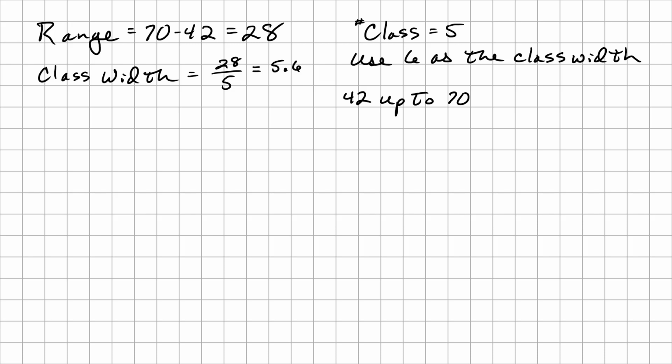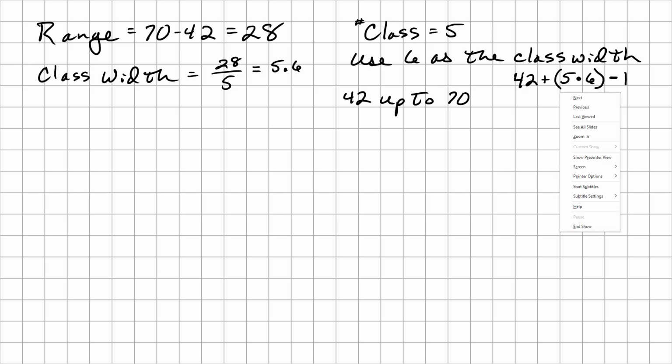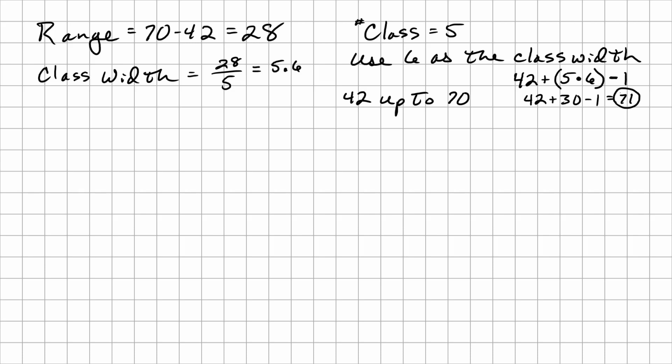To ensure that I've got the correct class width, I'm going to take 42 and add to that the number of classes that I'm using times the class width, and subtract 1. That's actually going to give me the upper limit of my last class, and so that's going to be 42 plus 30 minus 1, which is equal to 71. This value is definitely greater than the largest value in my data set, so using 6 as the class width is going to work nicely.